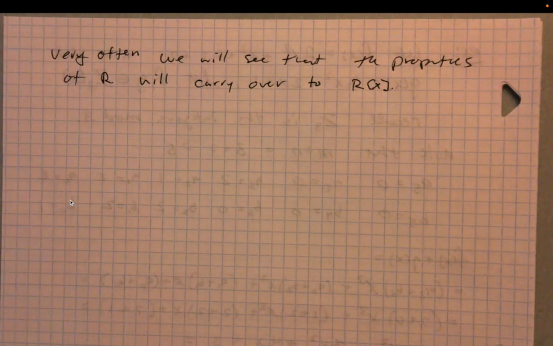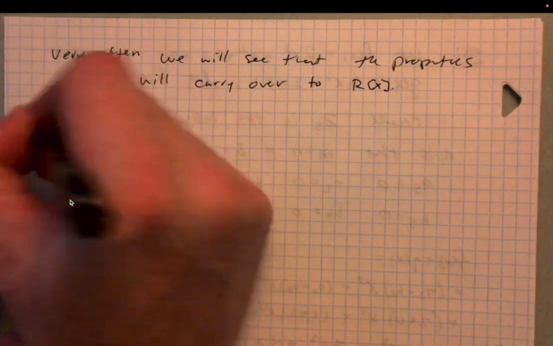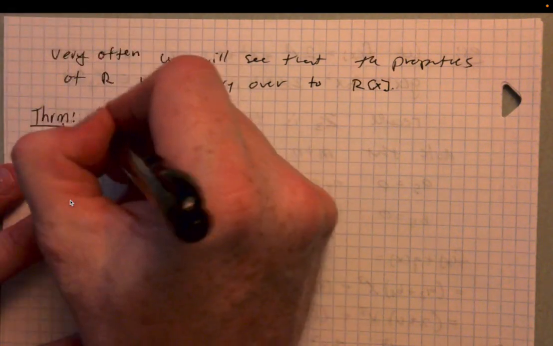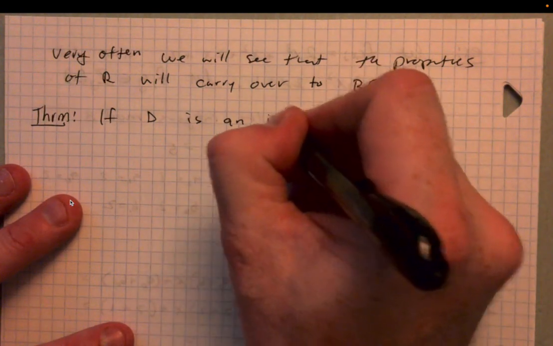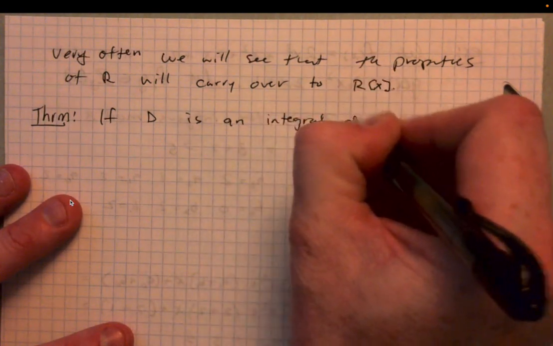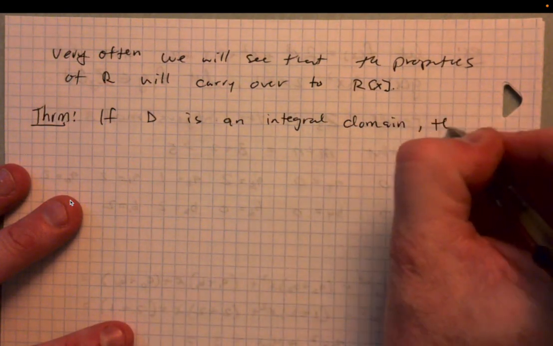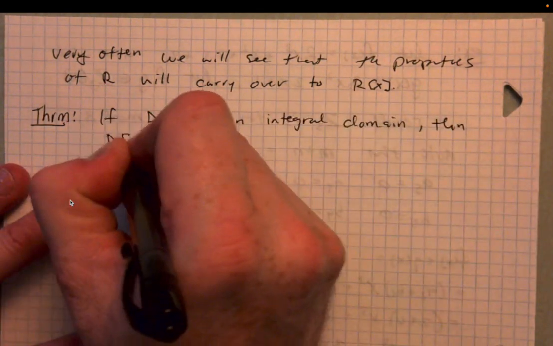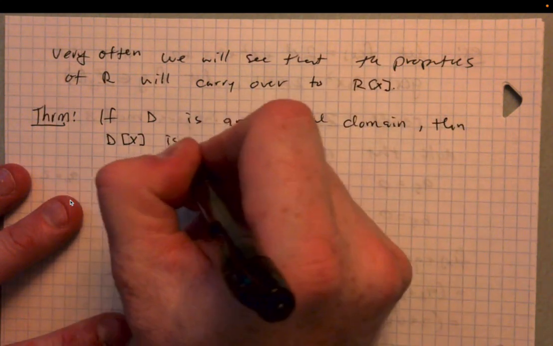And so here's an example. If D is an integral domain, then the ring of polynomials over D is an integral domain.